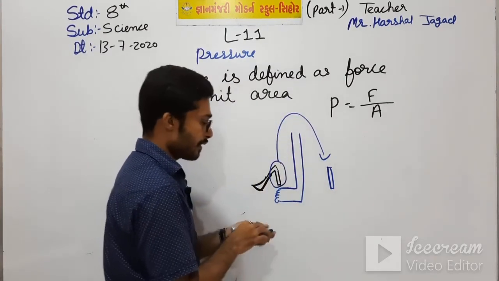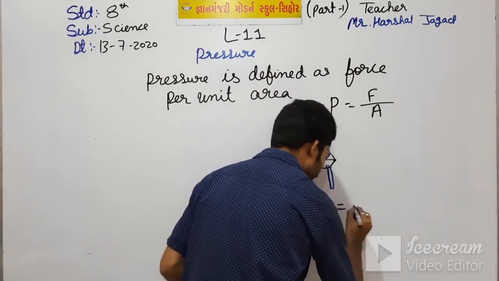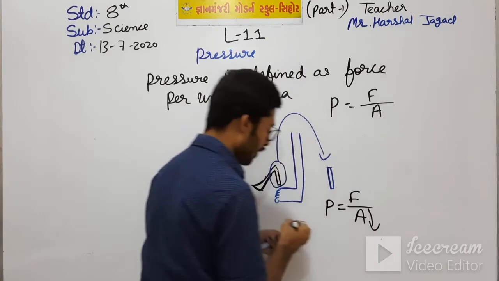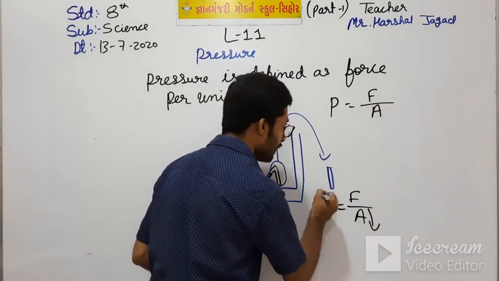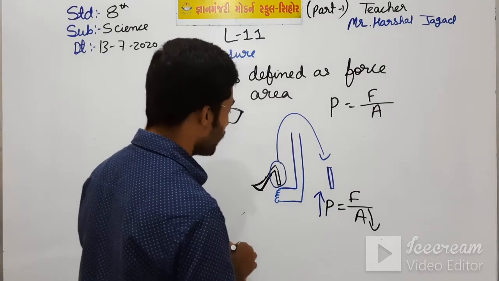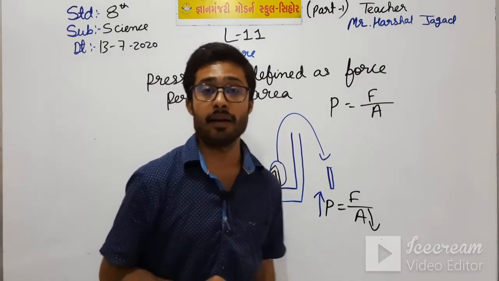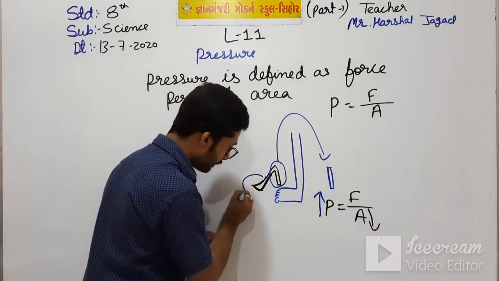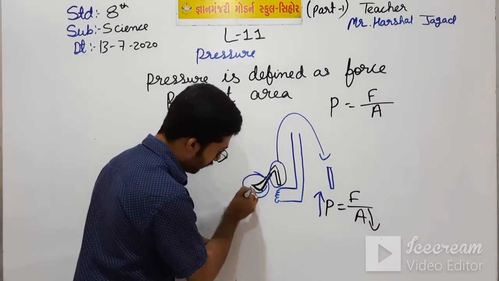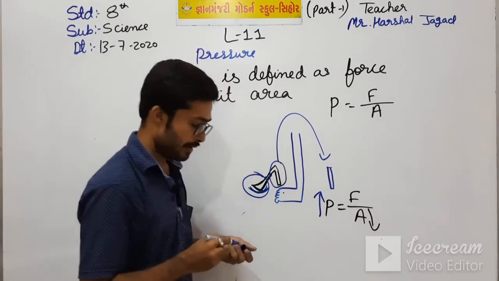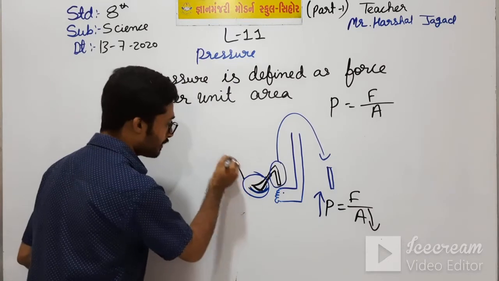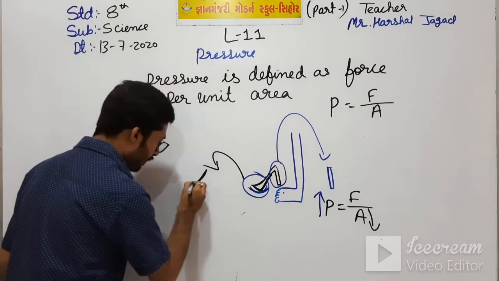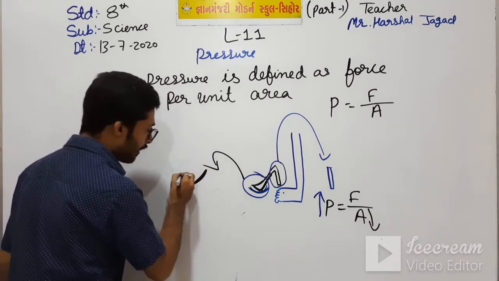So here the pressure is equal to F upon A. Area is small. As area is small, the pressure will be more. Okay students, and it will hurt our leg. But if this part will be on our leg, then I will draw this over here, then this part will be on our leg.